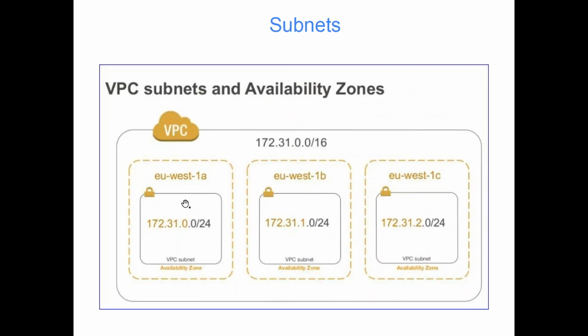That means in each subnet you can launch up to 256 servers, EC2 instances. Those many IP addresses are available inside it. Sometimes if you already have that many instances in that particular subnet and you try to launch one more new one, it will fail. It will say that no available IPs are left in this particular subnet.